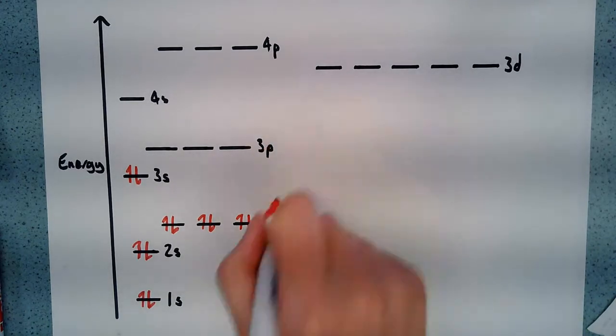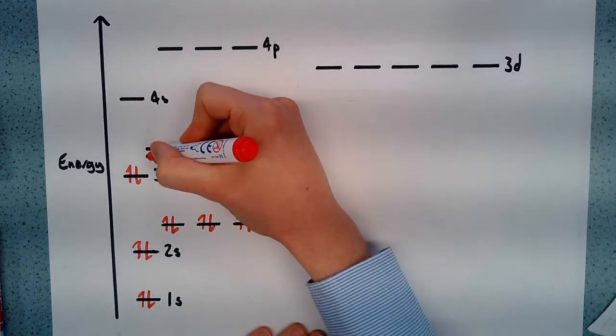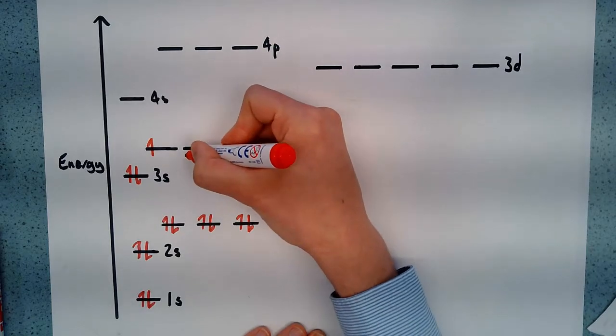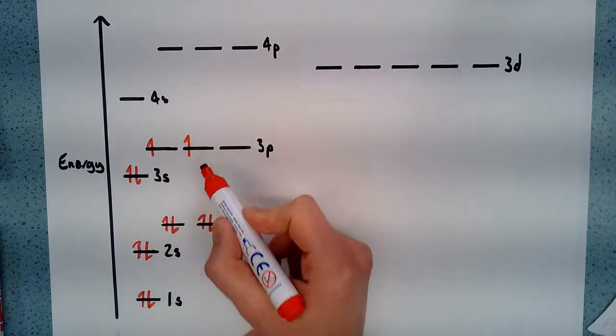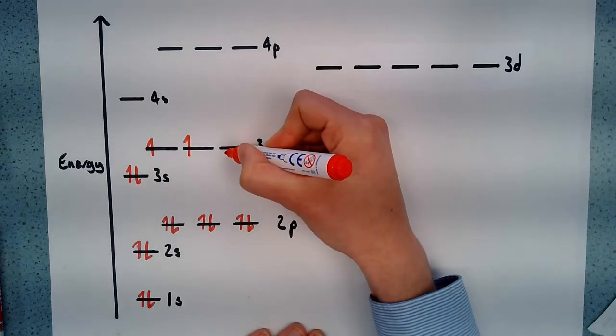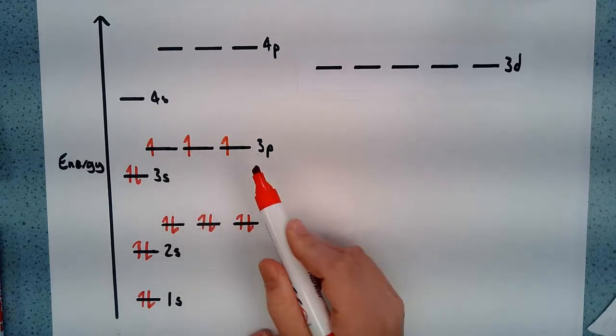And then when we get to the p orbitals, we fill them the same as we did before. So aluminium would be 1 in there. Silicon would have 1 in there and 1 in there. And then we would have, for phosphorus, all 3 separately.